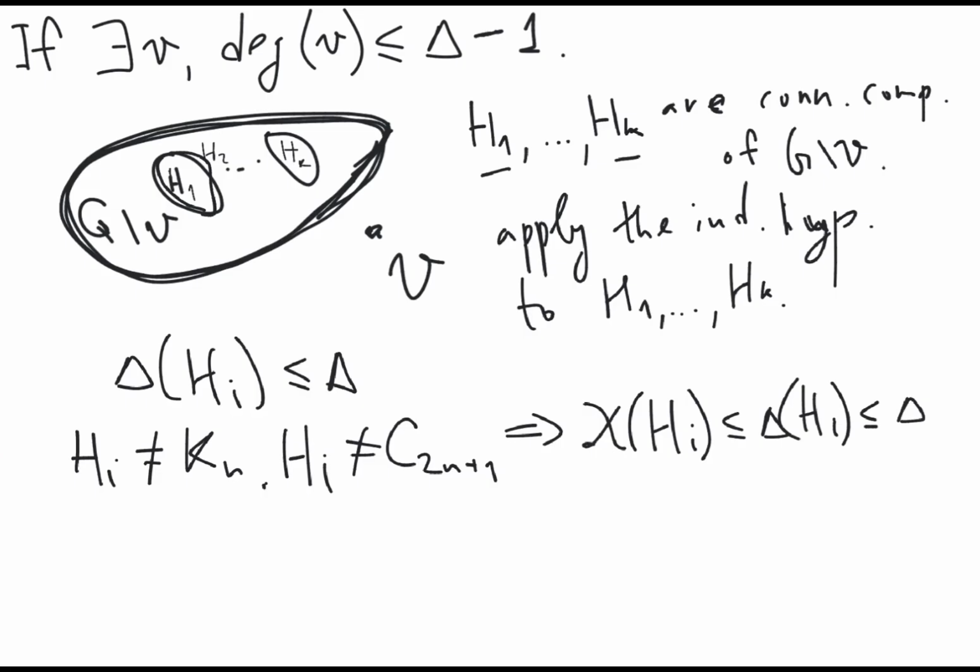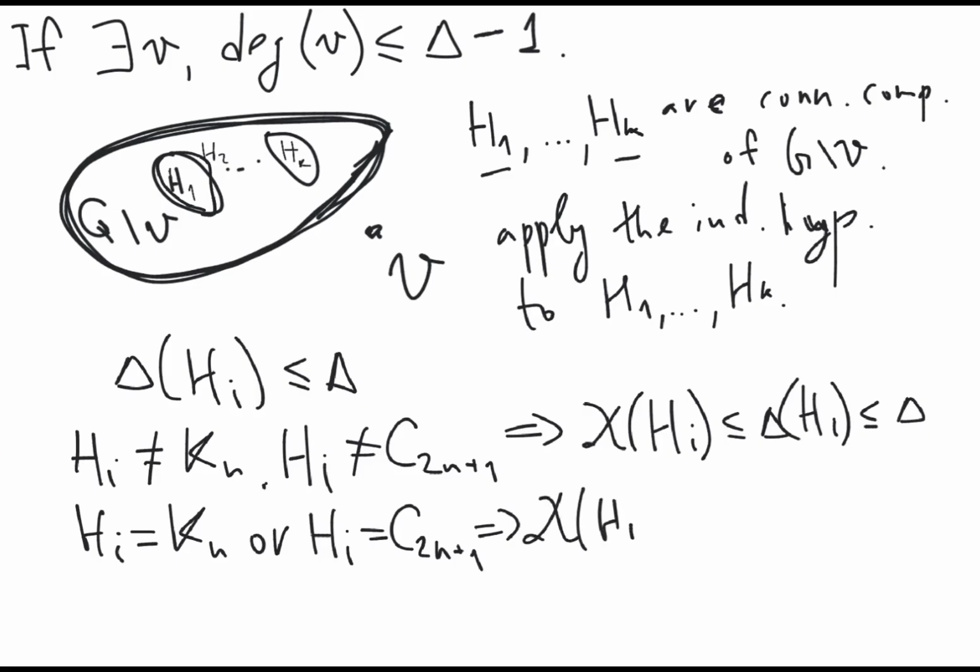So now if Hi is equal to Kn or Hi is equal to C2n+1, then the chromatic number of Hi is exactly equal to delta of Hi plus 1.